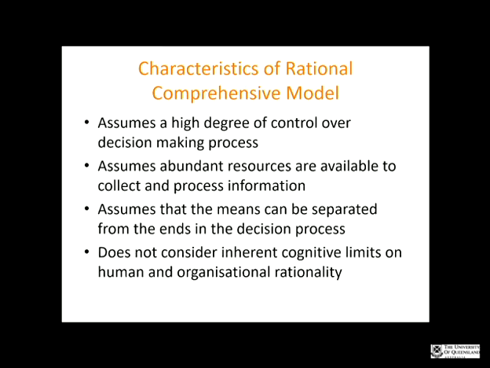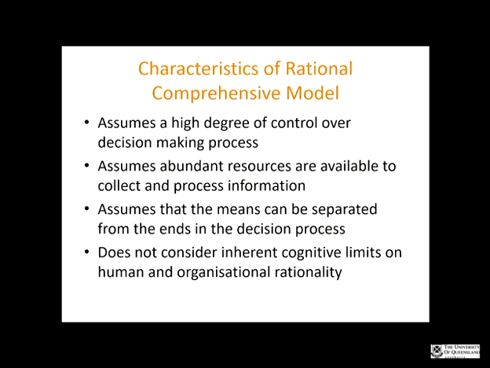So this is, I guess, some of the complexity sitting behind rational decision-making, assuming a high degree of control when we're talking about a lot of planning and management contexts, real-world contexts. We may not have that control. It assumes abundant resources. More and more, we've got limited resources to make those decisions.